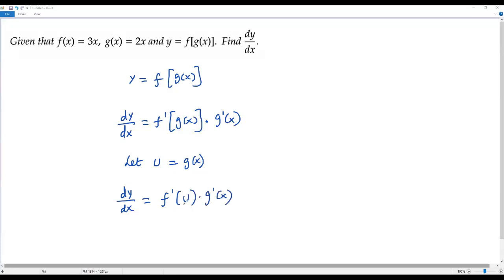Now let's get the result for f prime of u. That is, I have to find the derivative of f of u. Already I know that f of x equals 3x. That's given in the question itself. Now in this function, I'm going to replace this x by u, because here we have u. On the right side also, I have to replace the x by u, then I'm getting 3u. Now I have f of u equals 3u, but I need f prime of u. That means I have to get the derivative of this f of u.